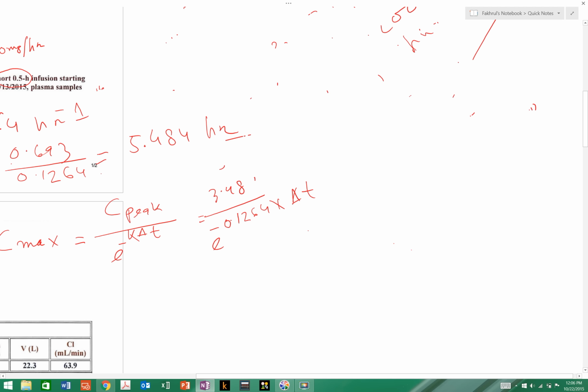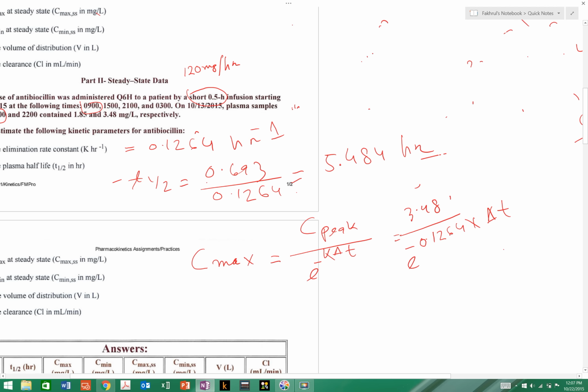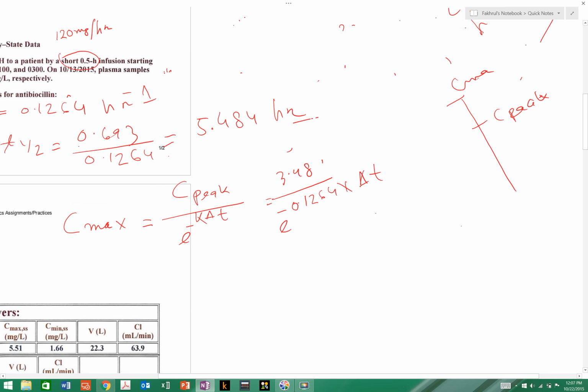In this case, delta time for this: this is Cmax and this is your C peak. You see, this is Cmax and your C peak. Your C peak time was what? It is 2200.